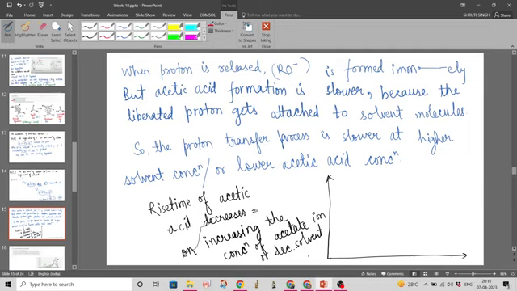So if this is for a higher acetate ion concentration or low solvent concentration, and this will be for high solvent concentration, this is low solvent concentration.